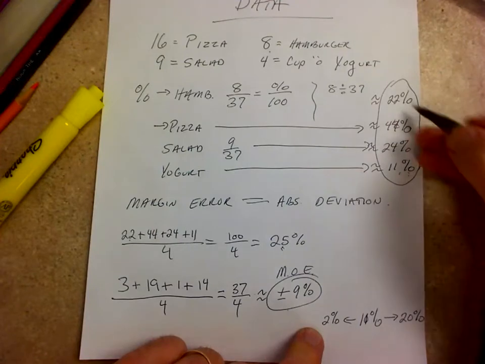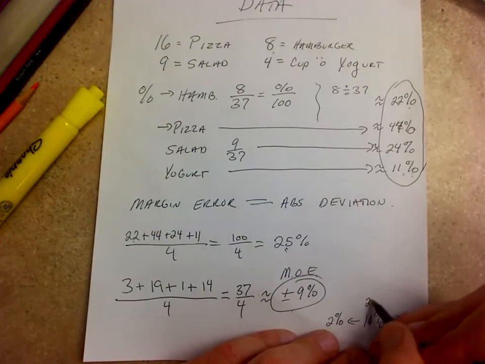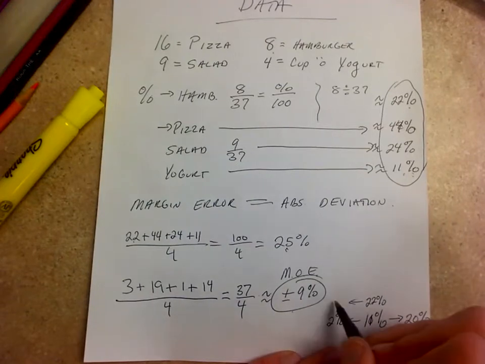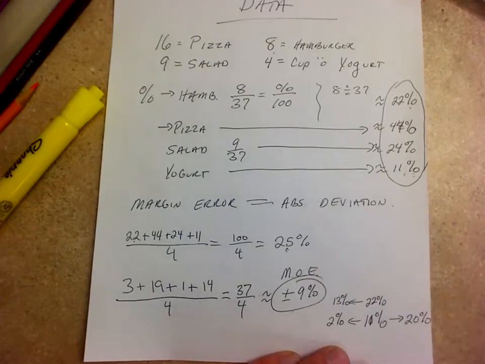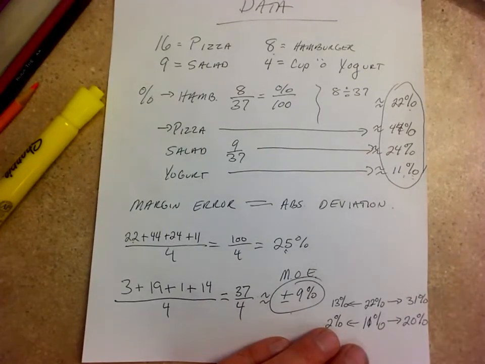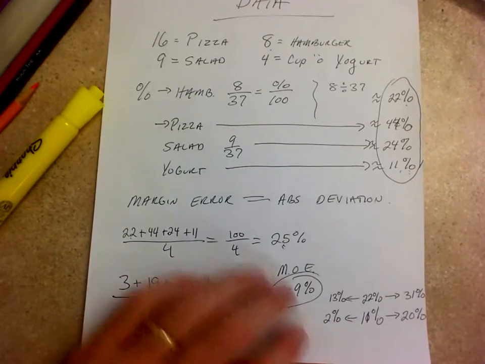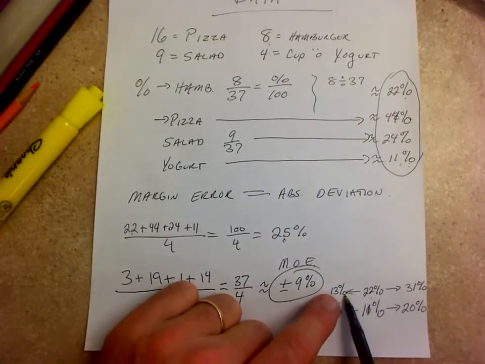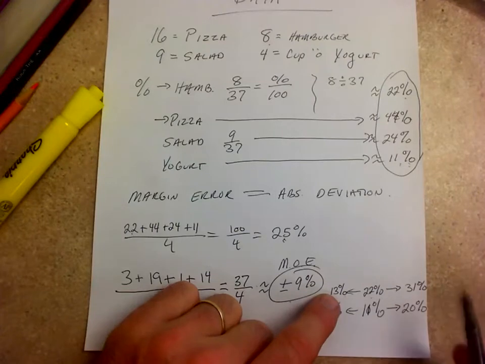Okay, the hamburger, we're reporting 22%. The hamburger might have gotten as few as 13% of the votes, or as much as 31% of the votes. So now if we look at that, there's enough for us to say, well, hamburger, worst case scenario, only gets 13%.